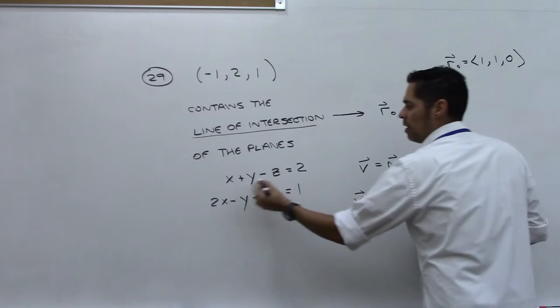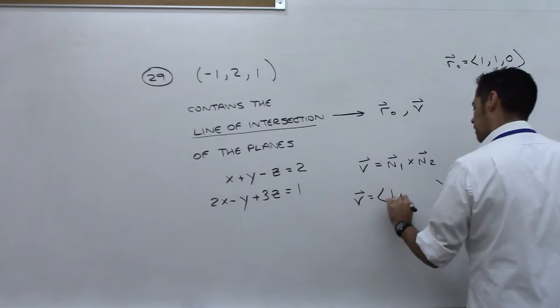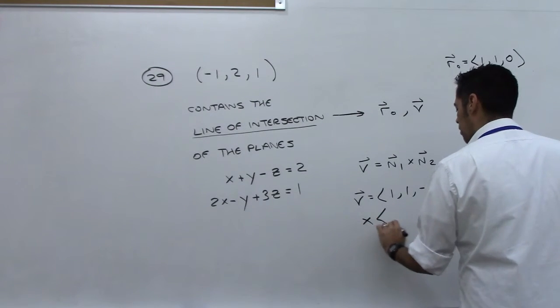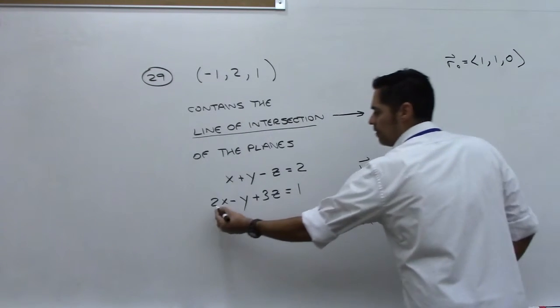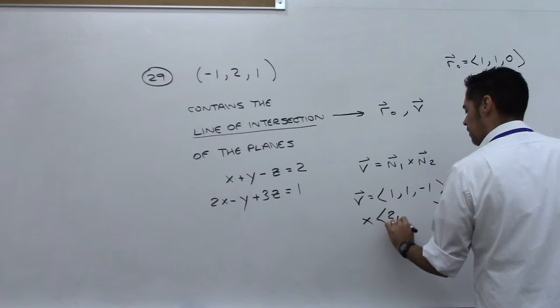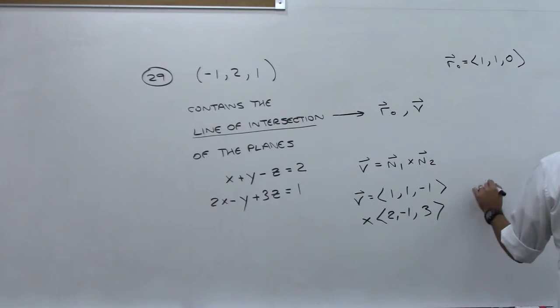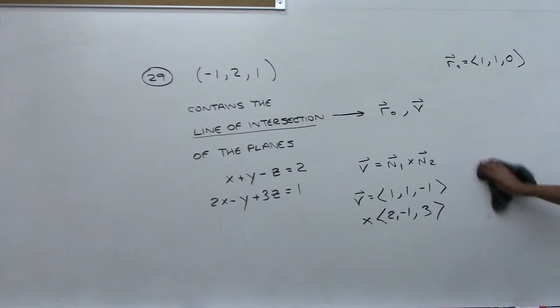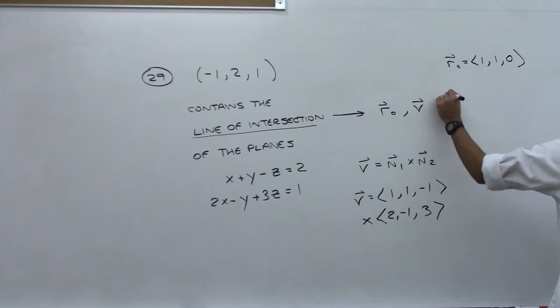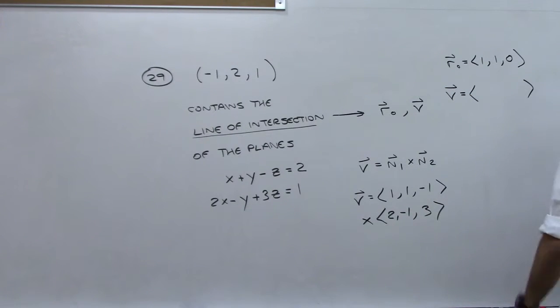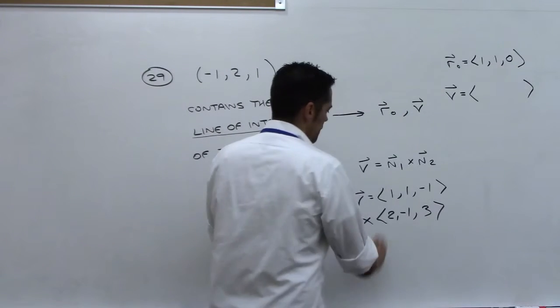We can find their normals pretty easily. The normal of this plane is 1, 1, negative 1. It's just the coefficients of x, y, and z. I'm crossing that with the normal of this plane, which is 2, negative 1, 3. And now I go ahead and get that cross product. I'm going to run out of room there, I'll put it up here. V is equal to, all right, good old cross product here.